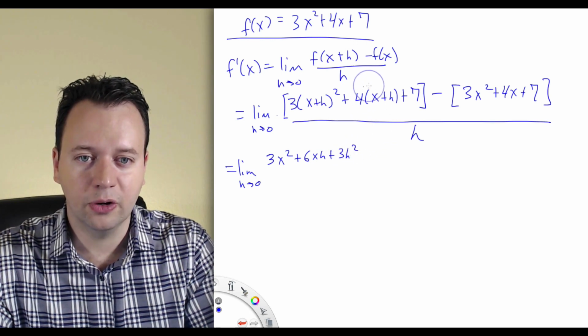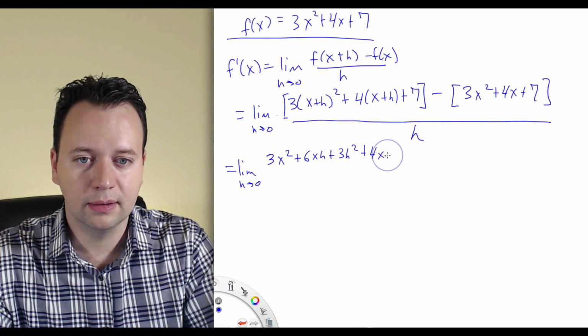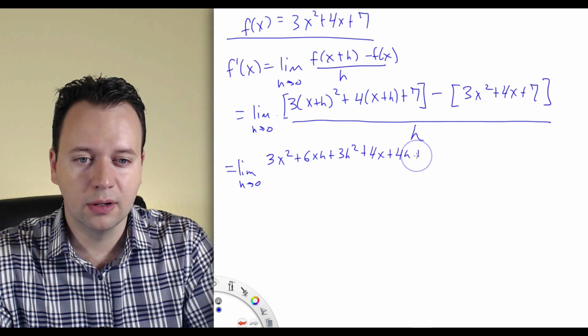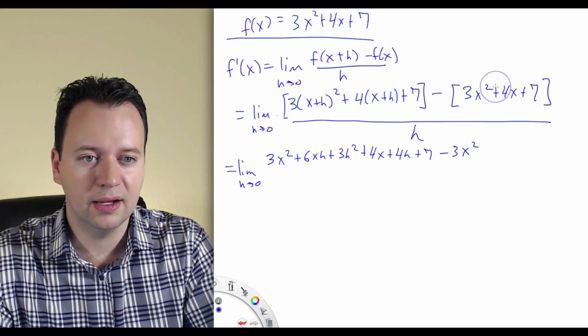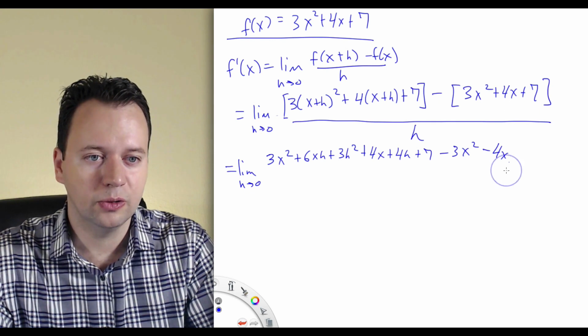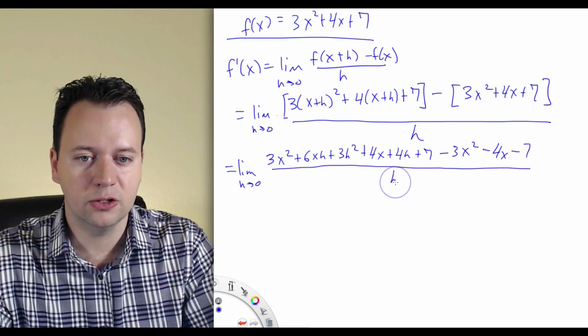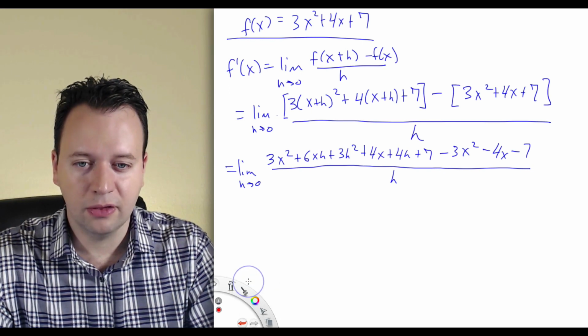Onto the next term, distribute: 4x plus 4h plus 7 minus 3x squared minus goes in, minus 4x, minus distributes in, minus 7, all divided by h. Okay, so now the fun part comes.